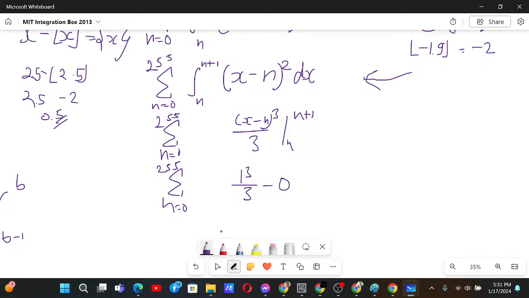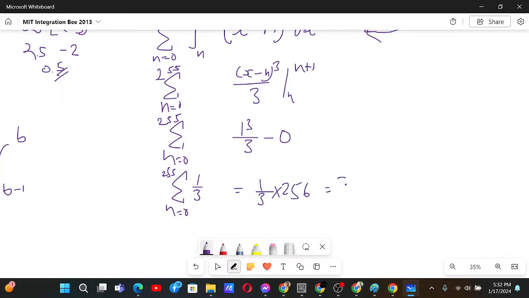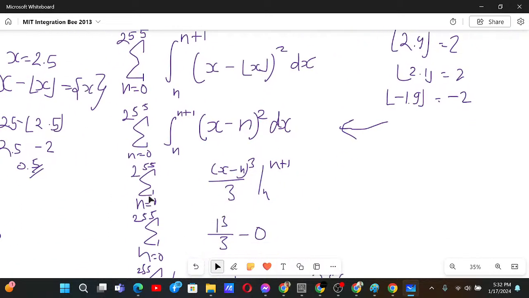Now this is sum from n equals 0 to 255 of 1 by 3. So 1 by 3 is added 256 times because it starts at 0. If it was from 1, that would be 255 times, but from 0, that is 256 times. So this is the answer, 256 by 3. If you check the answer, that's the answer.